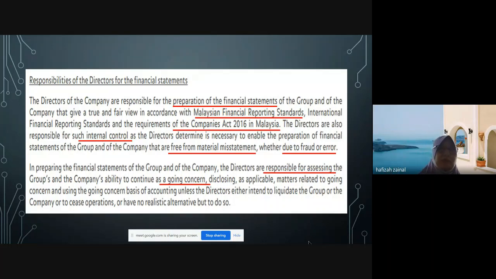You can see it is clearly mentioned who is responsible for the preparation of the financial statement, in accordance with which particular regulations, and who is responsible for internal control, and what assurance is provided to the management.